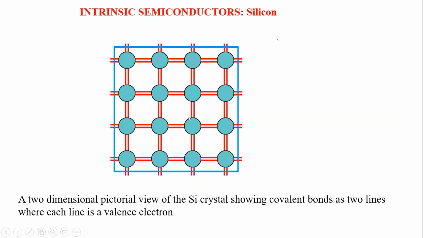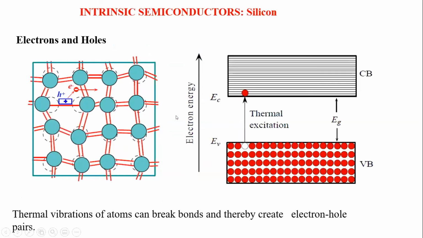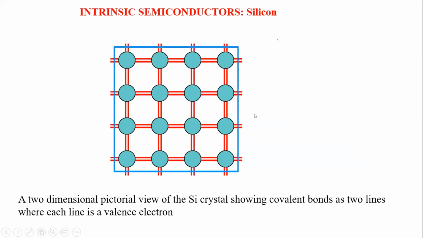Now, if I start to heat it, whatever is drawn here happens at 0 Kelvin. So at 0 Kelvin, absolute zero temperature, we say that the atoms don't vibrate. It doesn't have energy from the surroundings.